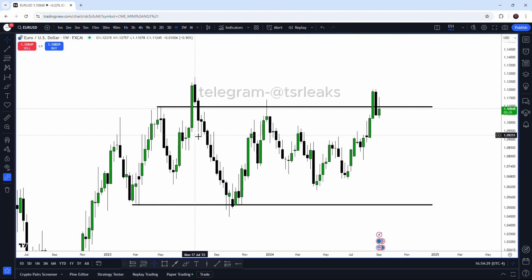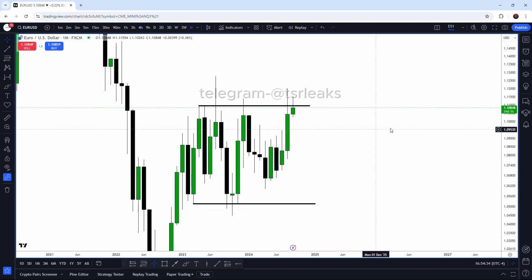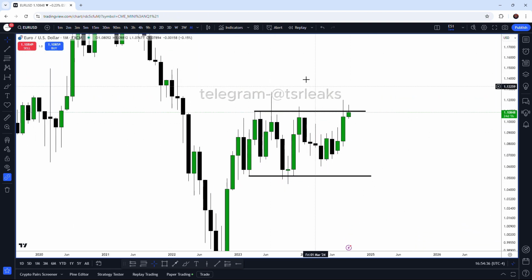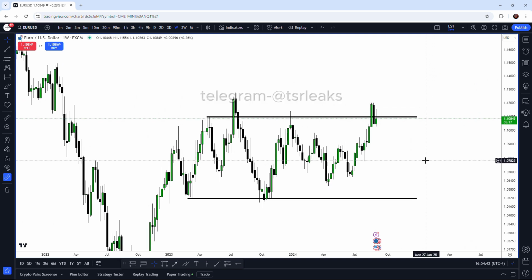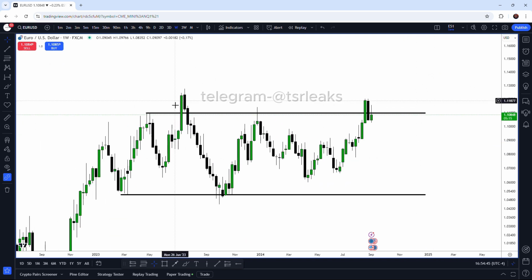All right, let's take a look at another example. Let's get out of the monthly chart, even though there is more CRTs all around us here. I want to put your focus on the weekly time frame. We have a high being purged, turtle soup.